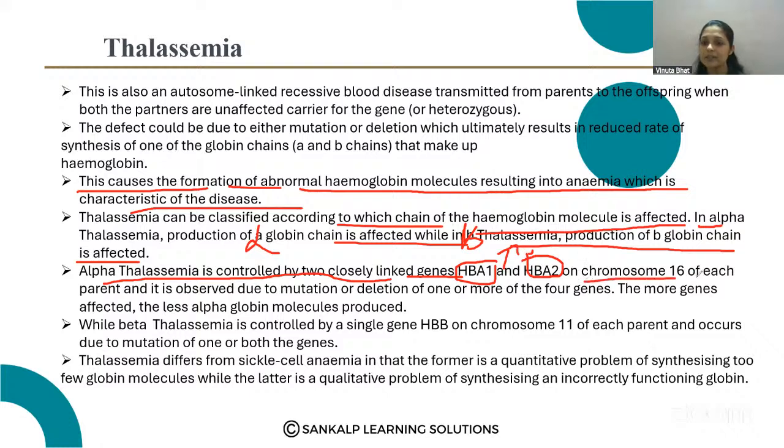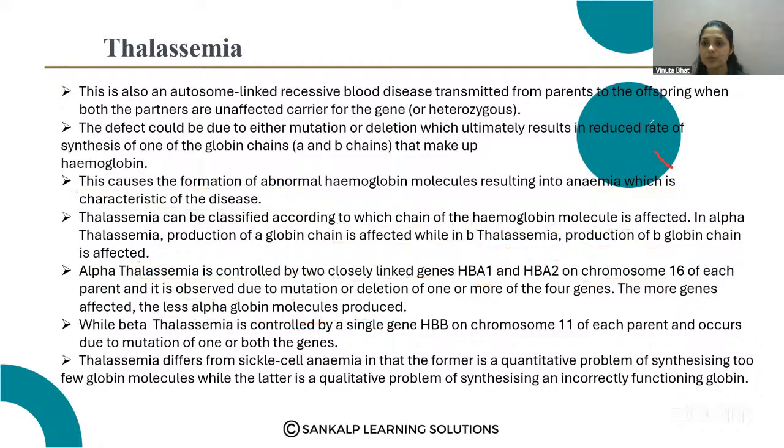They are present on the 16th chromosome, and it is observed due to mutation or deletion of one or more of the four genes. The more genes affected, the less alpha globin is produced. Now look, just imagine this is the 16th chromosome.